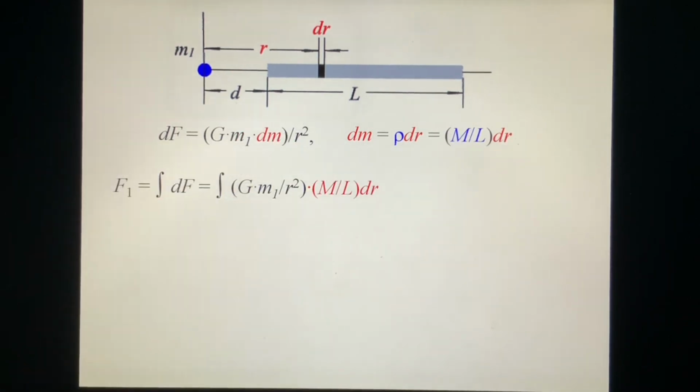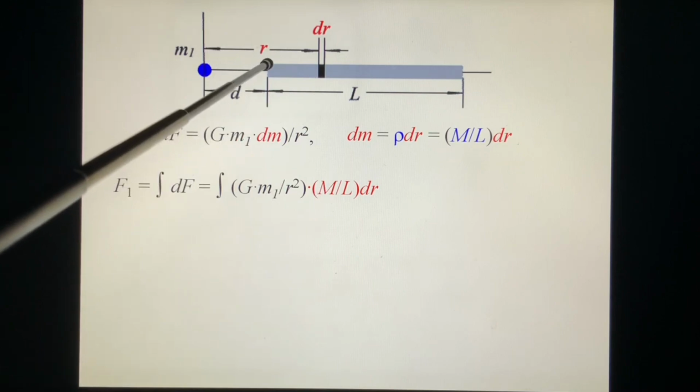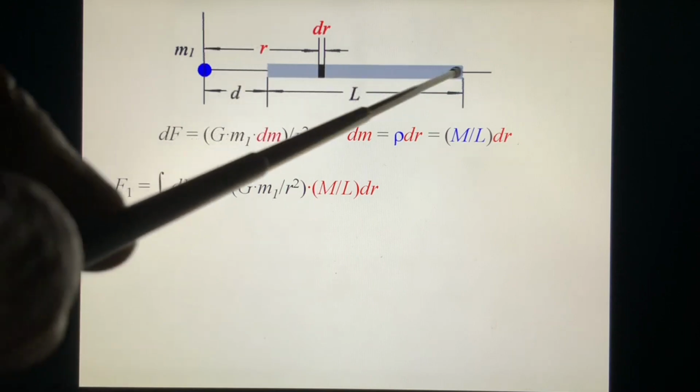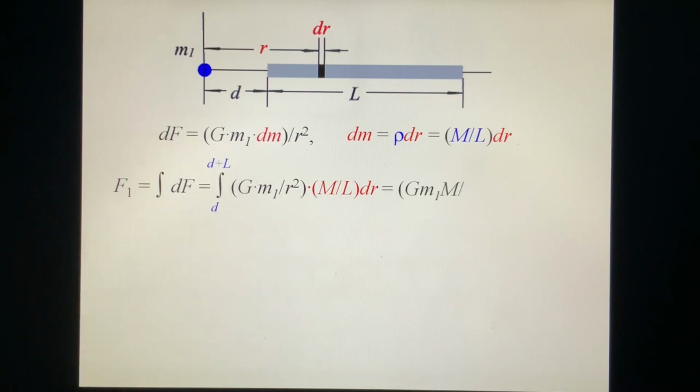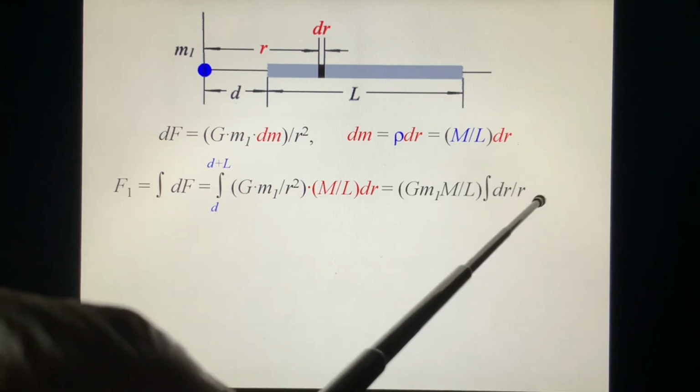And then we do the integration. From where to where? We see this r is from d to d plus l. So the integration is from d to d plus l. This is a very easy integration. We take all constants out, and the integration is only 1 over r squared.